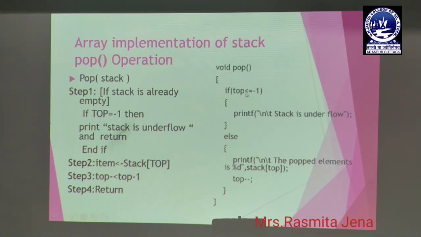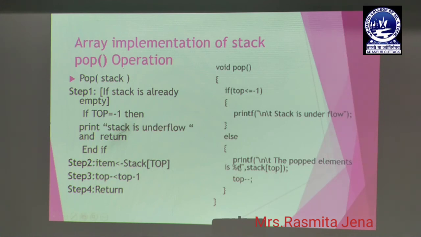If this condition is false, then comes the else part, we will pop the element and give a message, the popped element is %d, that is stack of top. That means currently the top points to the location of the stack, that element will be popped and printed through the printf function, that is the popped element is %d and the stack of top.